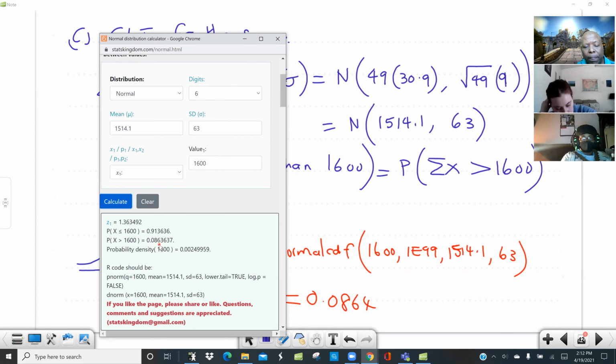Again, you want to make sure you know which of the two you are going to go for, less or bigger than. So you might inadvertently put 0.9136 when you are maybe in a hurry, but just make sure that you fish out the one that you really want out of the given information.